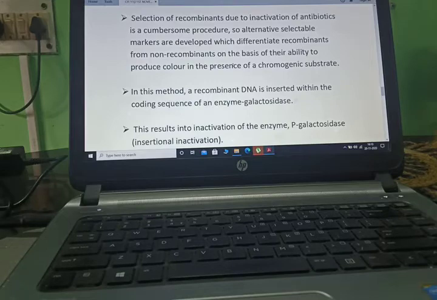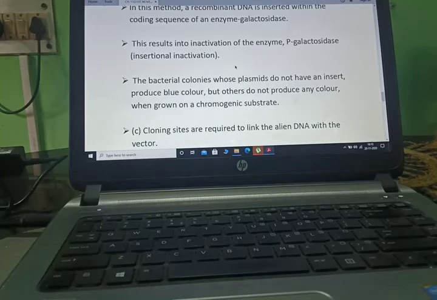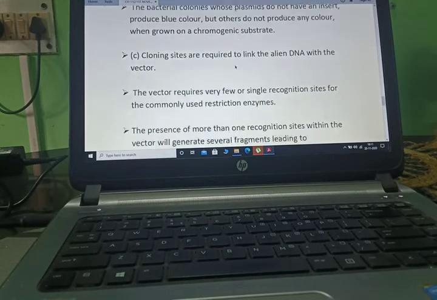In this method, a recombinant DNA is inserted within the coding sequence of the enzyme beta-galactosidase. This results in inactivation of the enzyme. The bacterial colonies whose plasmid does not have an insert produce blue color, but others do not produce any color when they are grown on a chromogenic substrate.